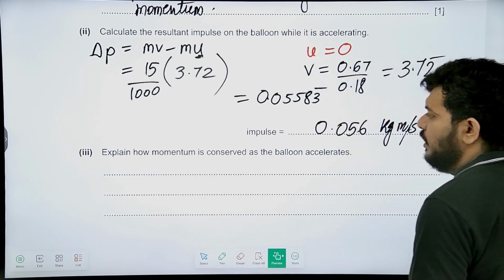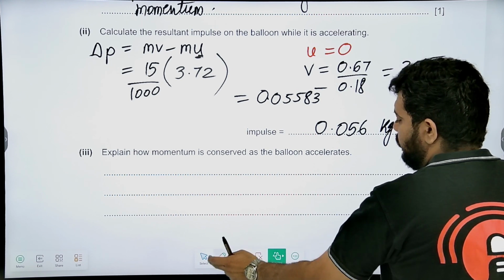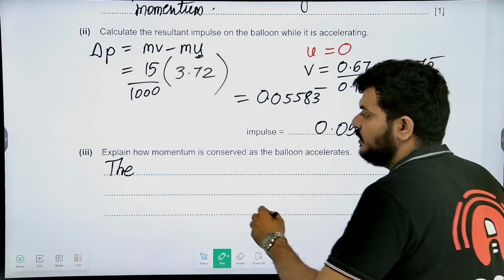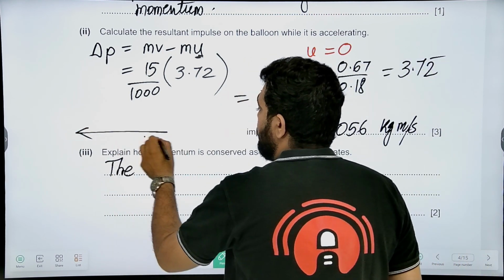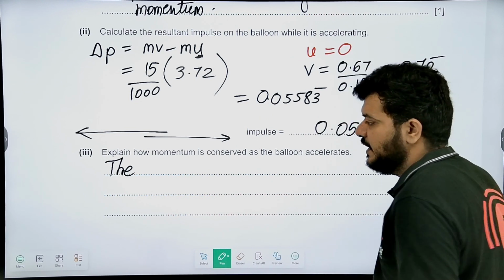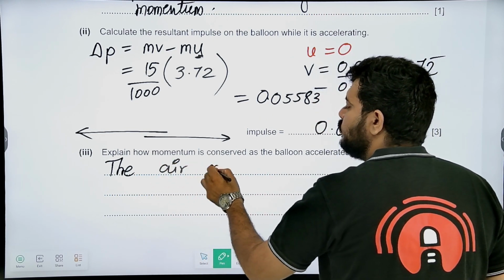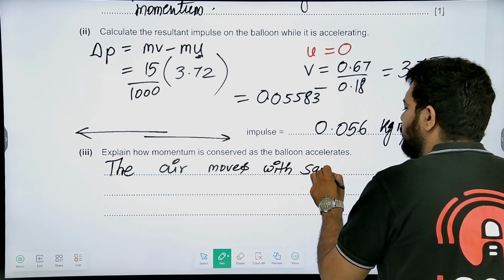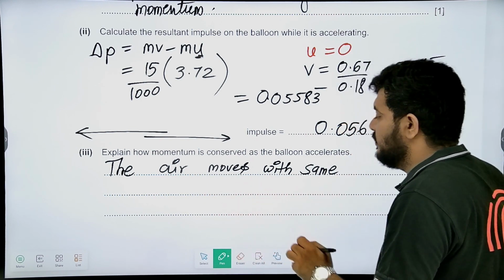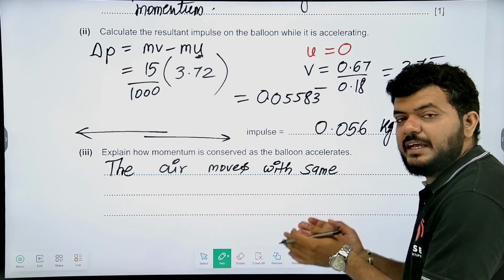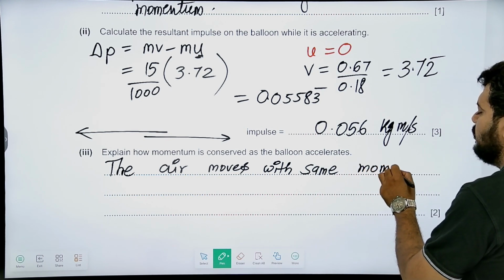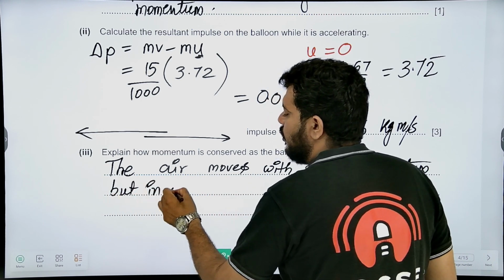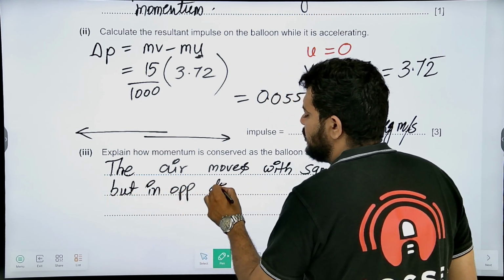Explain how momentum is conserved as the balloon accelerates. The air, I've just told you when I was reading the question, air escapes on this side, balloon moves on the right hand side. The air moves with same momentum, right? They have asked how is it conserved, so we should write that it has same momentum but in opposite direction, right?